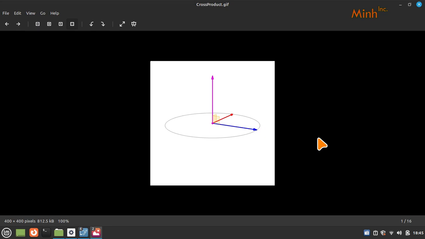We can see if the angle is 90 degrees between the two vectors, red and blue, then their cross product normal strength is maximum, and when it is 0 or 180 degrees, strength is minimum, that is the sin theta.